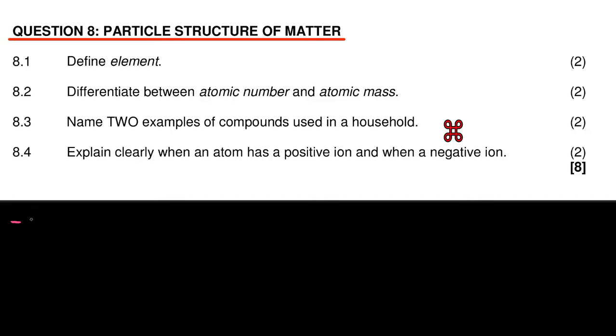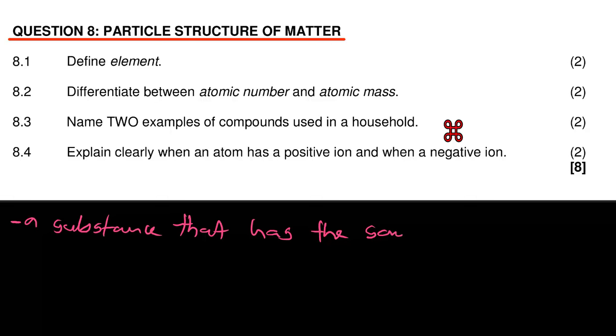An element is a substance that has the same type of atoms. Whenever they are marking you, they will be looking for the part to say it has the same type of atoms.